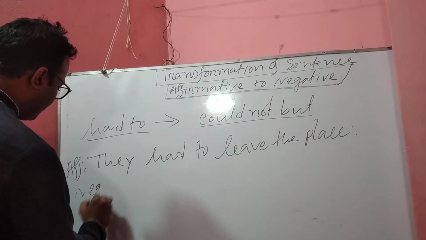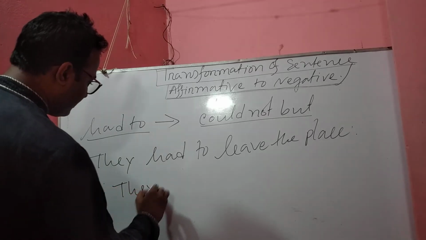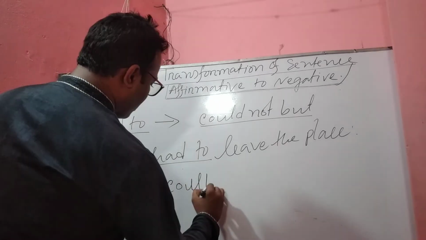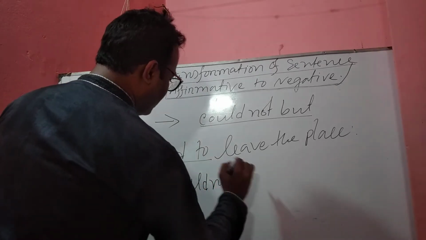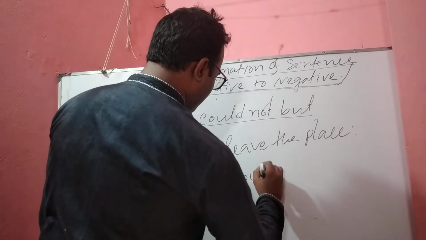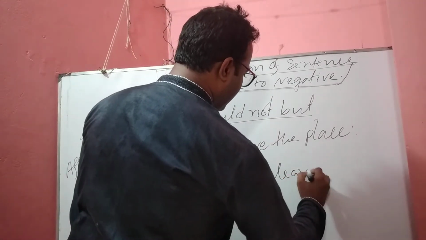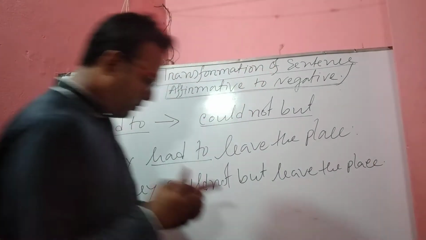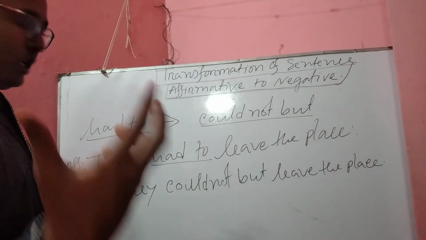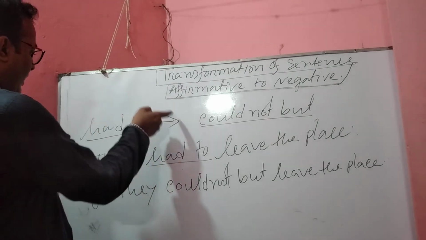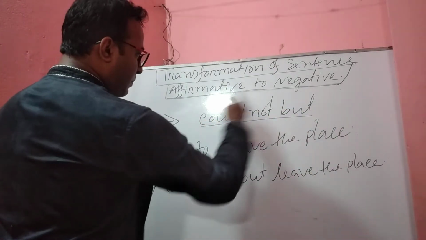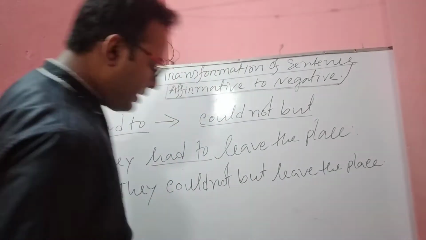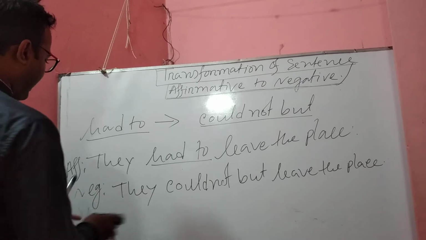Negative: They could not but leave the place. I think you could understand that we can use could not but instead of had to when we change the sentence from affirmative to negative.